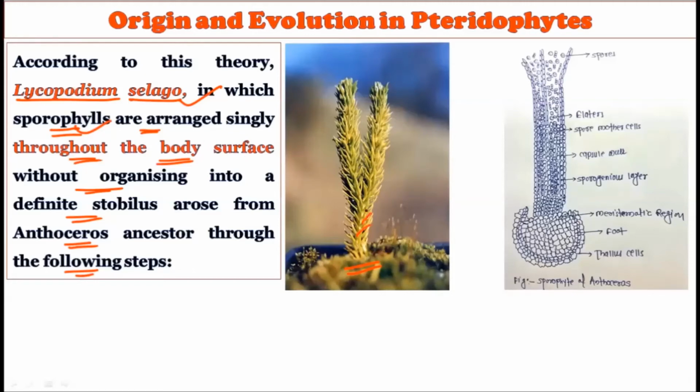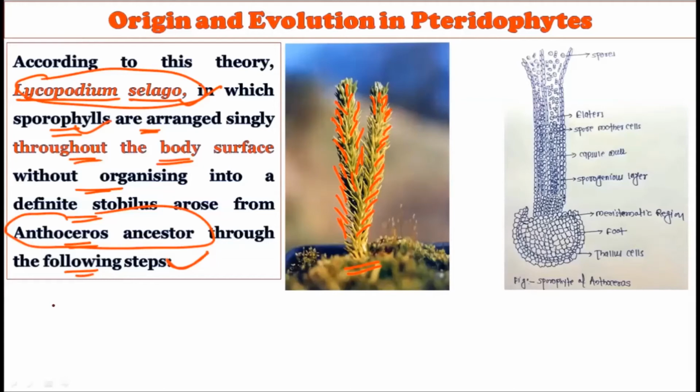Not just in one part, but throughout the plant body it shows the presence of these sporophylls. And according to Bower, this Anthoceros ancestor has created this type of Lycopodium selago plants. By the following steps, he actually gave the events which lead to the formation of Lycopodium selago like plants from the Anthoceros.